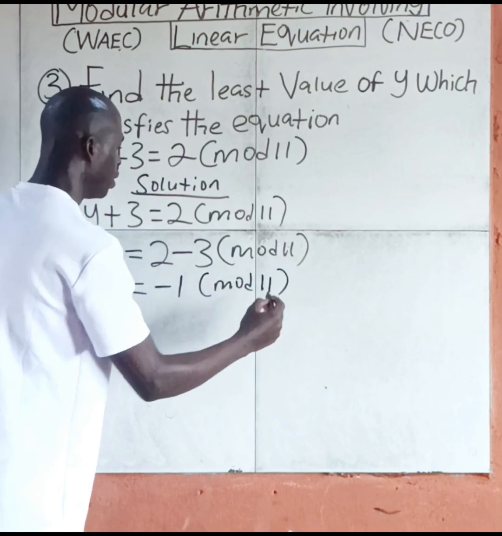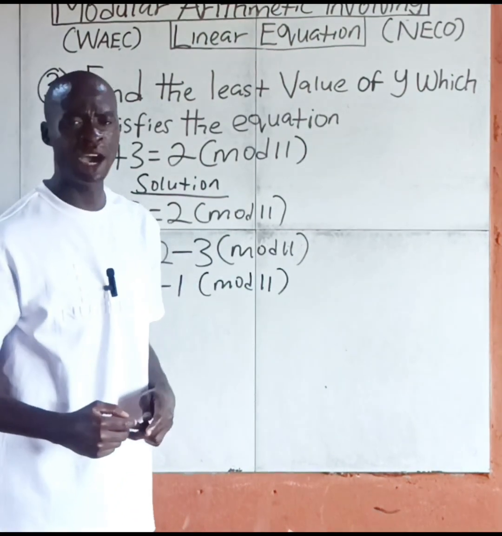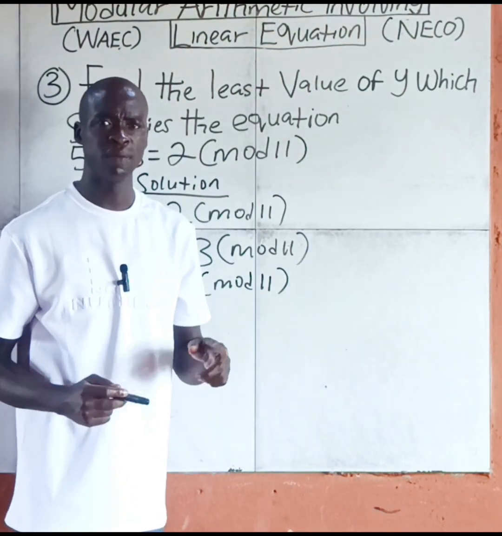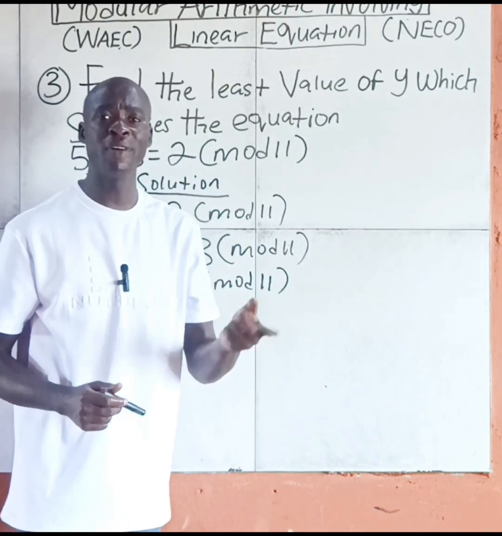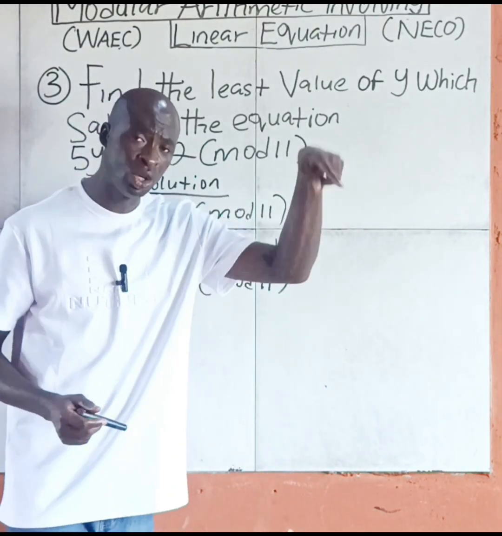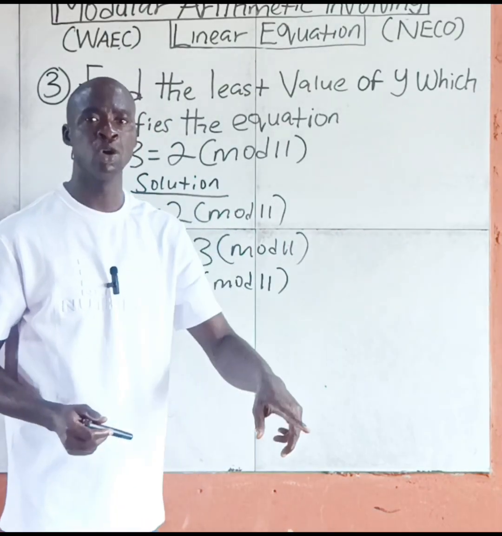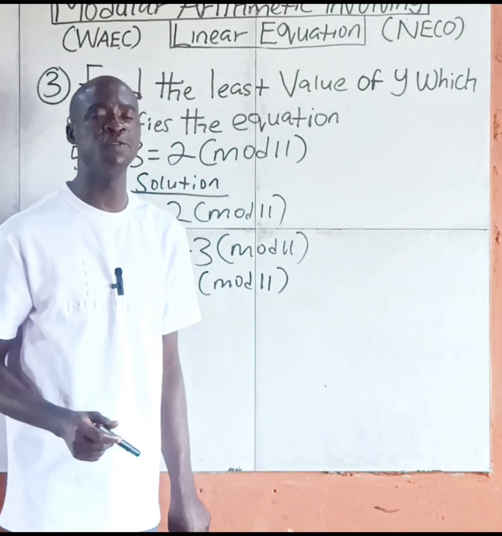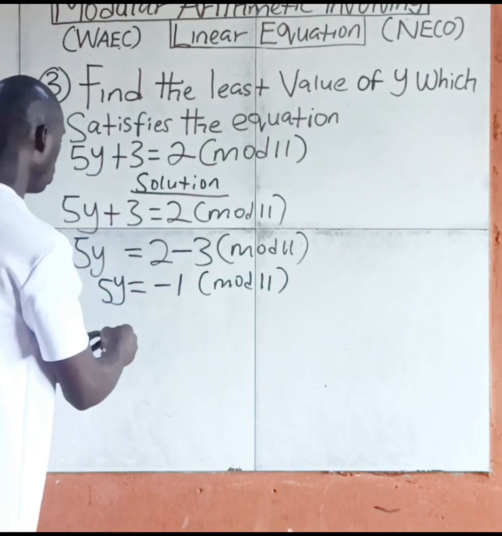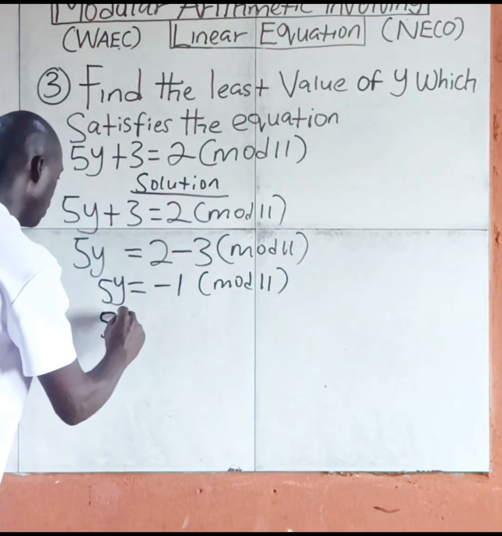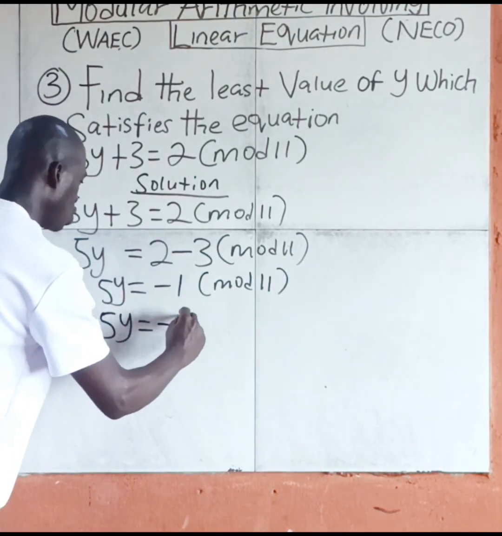Mod 11. Remember, I did say earlier in this video that you must not have a negative answer. Whenever you have a negative answer, keep adding your mod to it until you clear that negative and get a positive digit. With that being said, we have a negative here. So what am I going to do? Here 5y is equal to minus 1.